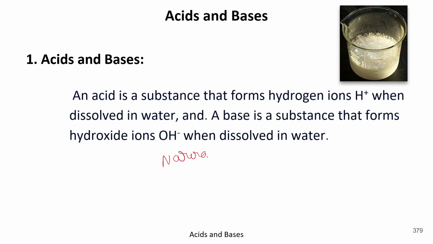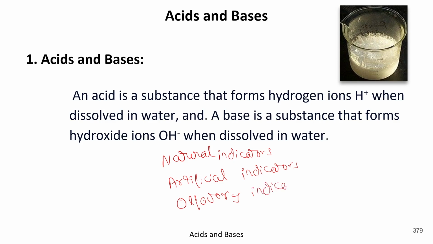We have developed three kinds of indicators: natural indicators, artificial indicators, and the third one, olfactory indicators. These are the three basic indicators we use to find out whether the solution in front of us is an acid, a base, or normal.